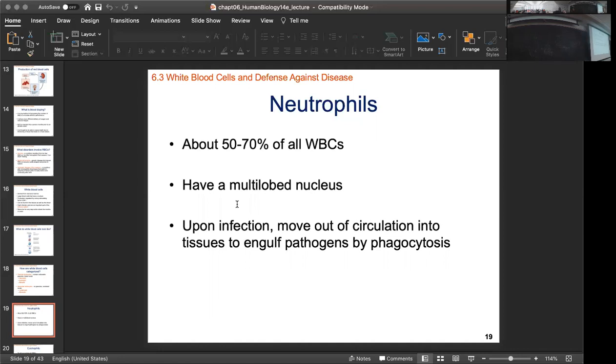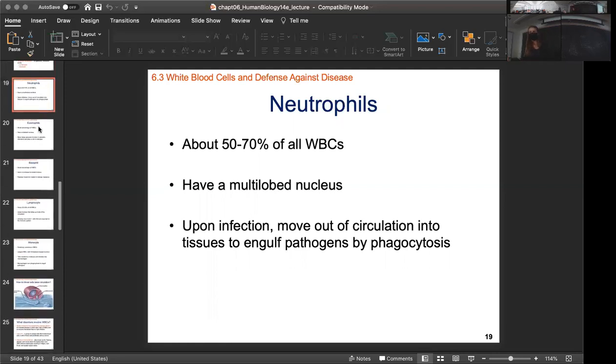They have a multi-lobed nucleus. When you have some sort of infection in your body, they move out of circulation. So it's kind of like calling in a superhero or putting like the Batman thing in the sky, right? As soon as there's an infection, they move out of what they were normally doing and they engulf those pathogens, which is kind of cool. So they're like your body's superheroes.